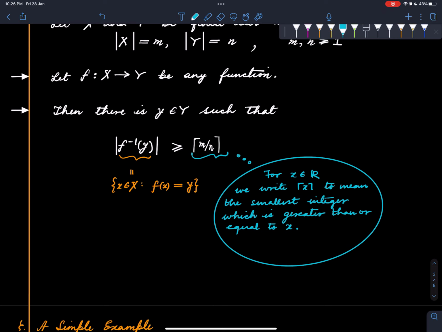Just like in high school, we read the greatest integer function, which is the greatest integer less than or equal to x. This is the ceiling function, which is the smallest integer greater than or equal to x.